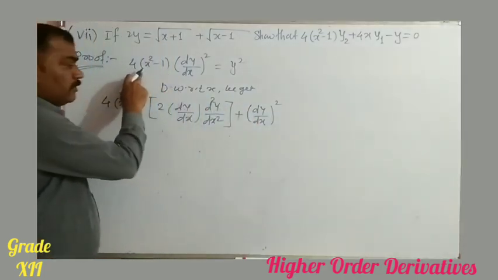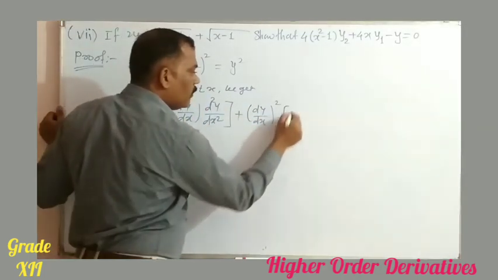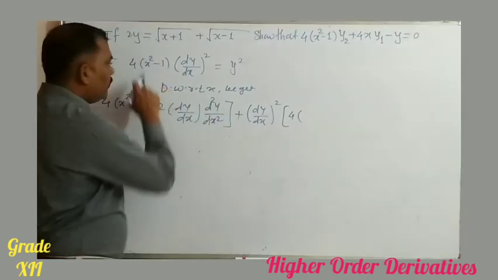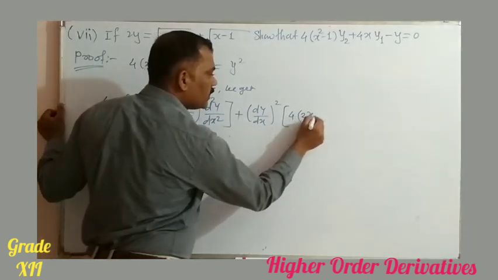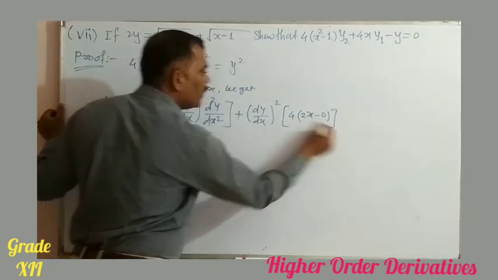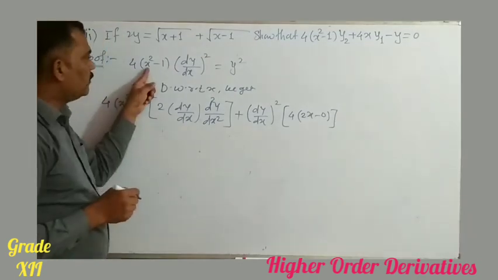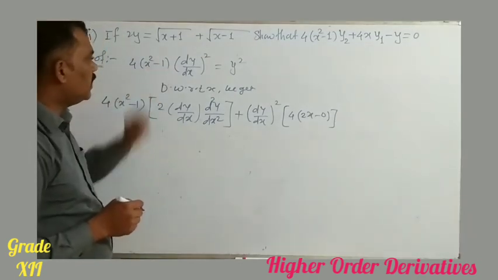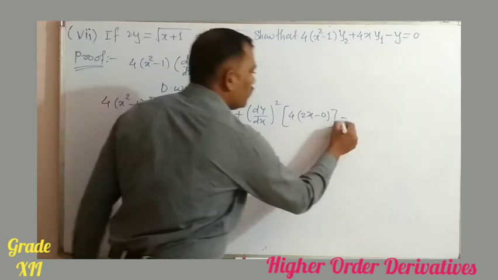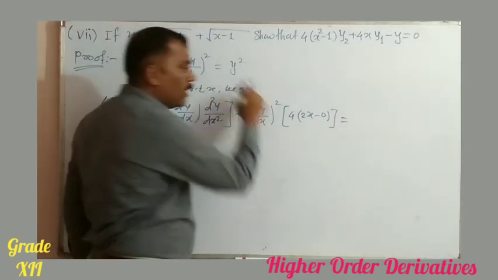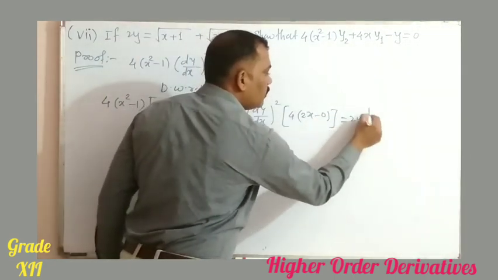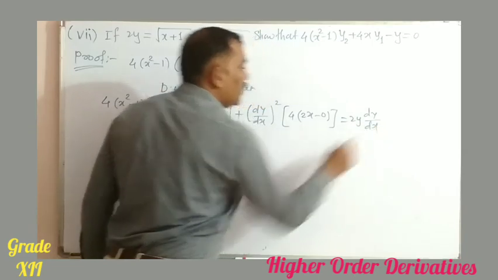We take the derivative of the first function, that is 4 into, what is the derivative of x square? It is 2x minus 0. The derivative of x square is 2x, 1 is a constant so its derivative is 0, is equal to, here again we keep the power, so 2y into dy by dx.